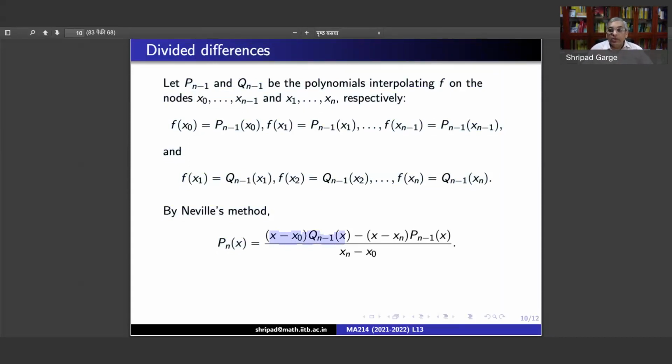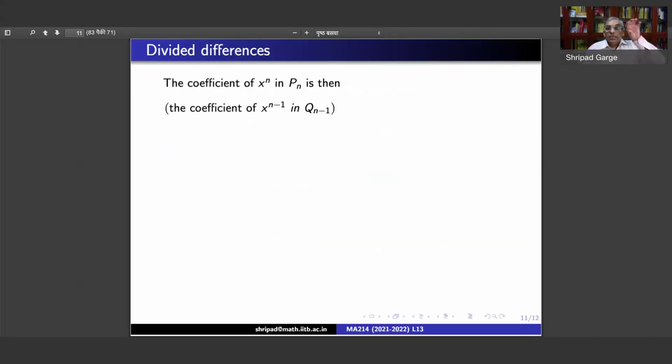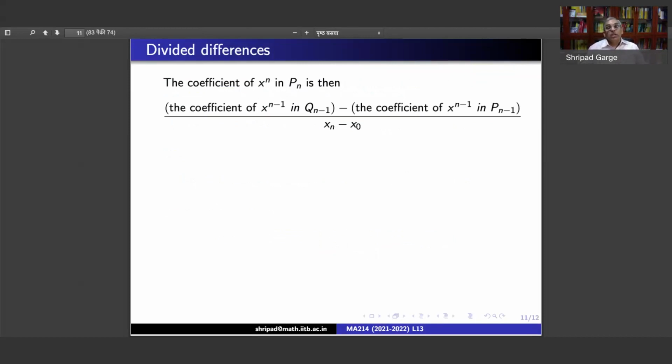And similarly, the coefficient of x power n here will be the coefficient of x power n minus 1 in Pn minus 1. So we then get that the coefficient that we are looking for is a coefficient of a smaller degree by 1 in Qn minus 1 minus the similar coefficient in Pn minus 1, and we divide this by xn minus x0 because this is the real number that will not go anywhere else.